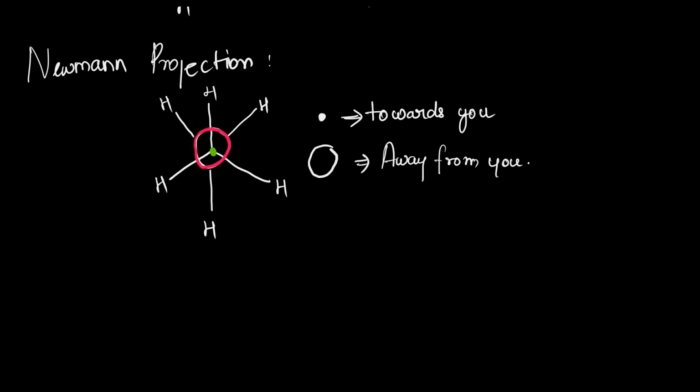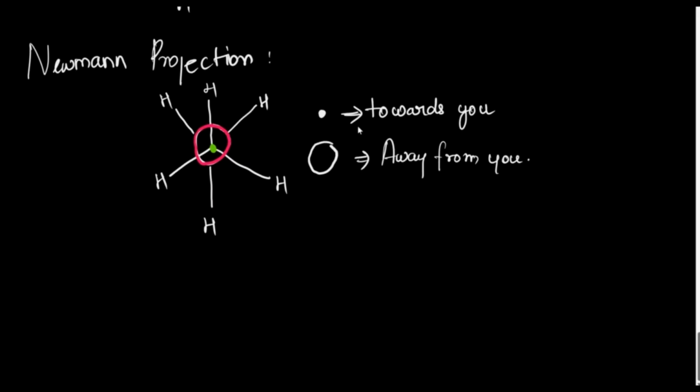How can we do the conversion of one projection formula to another one? If you want, we'll do that in detail. Now I'm giving you just a simple example of this. For example, if I'm taking 2,3-dimethyl butane.